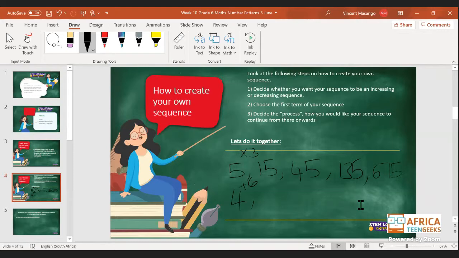Now, if we add 6 to each term, and this is the first one, for the second term, what would that be? That would be 10. What would the third term be? Are you guys sure it would be 16? Right, it would be 16. What would then the next term after 16 be?